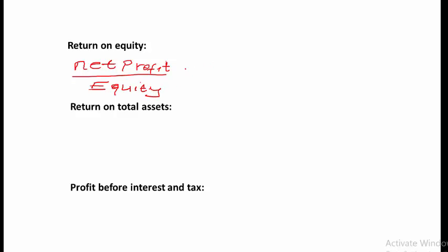So looking at this, times 100, because we have to put it down as a percentage. So your return on equity will be interpreted as a percentage, right? So now we need the amounts. So this is the formula. So let's go up and get the amounts.